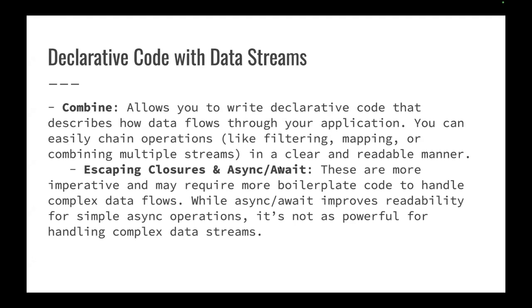Or something to that effect. Escaping closures and async await, these are more for basic asynchronous functionality. So you make an API call, you handle the data that comes back, and it's just not as powerful as handling complex data streams as Combine is.